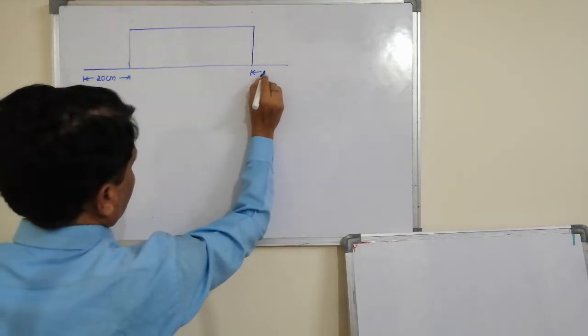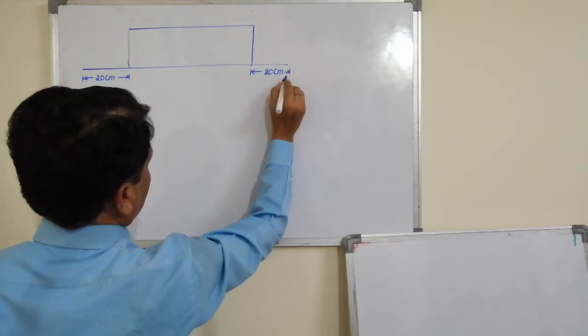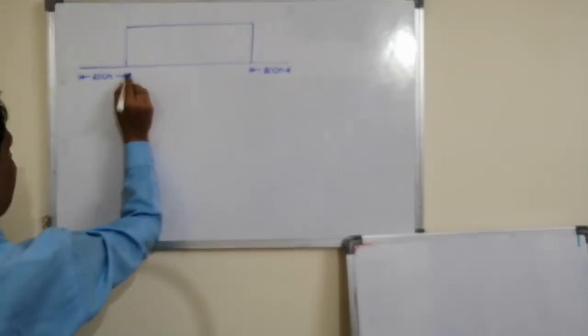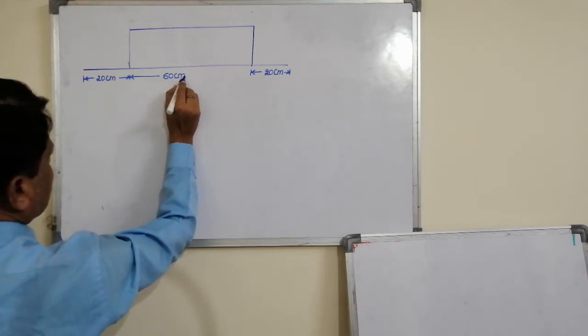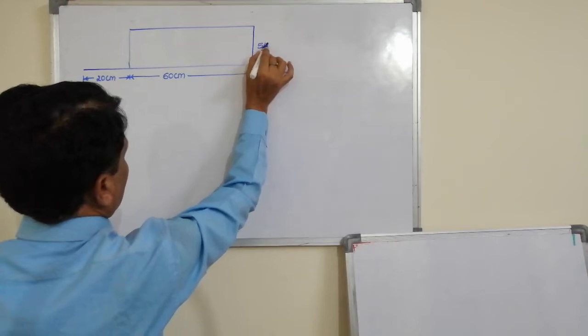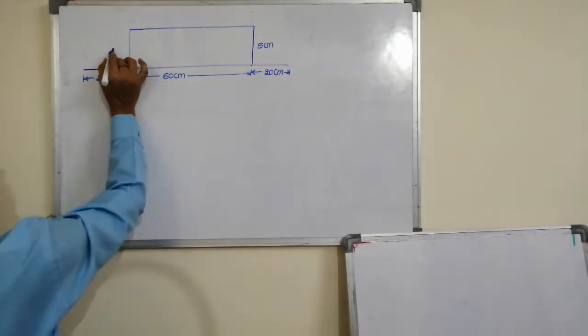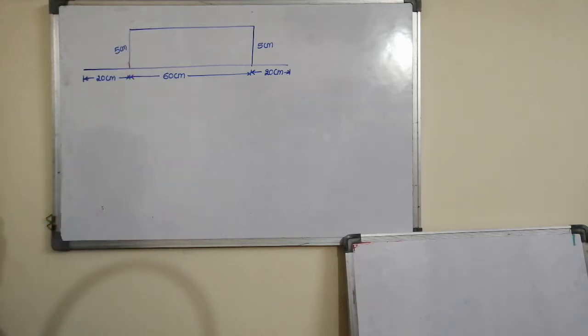Here to here is also 20 centimeter in length. And here to here, say 60 centimeter. And this is equal to 5 centimeter. It is also equal to 5 centimeter.